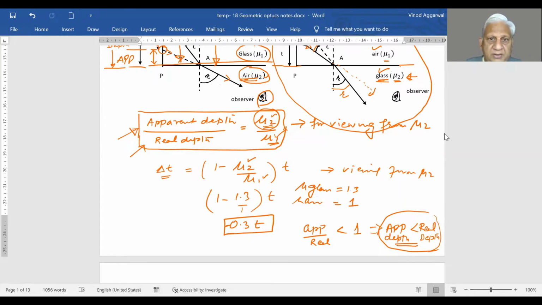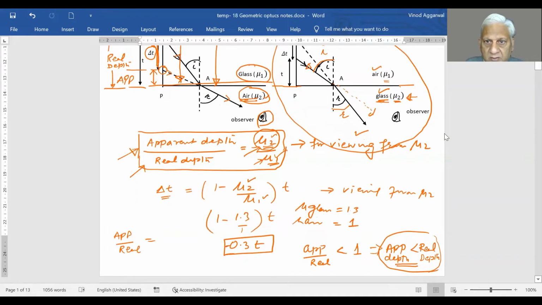Now take the other case where apparent over real, where this one is more than this one. For example, the case when we are observing from glass a depth in air.